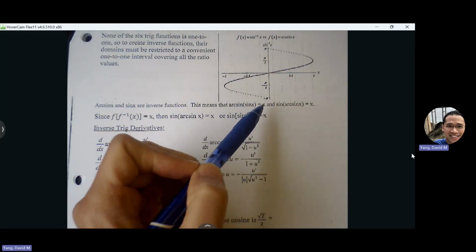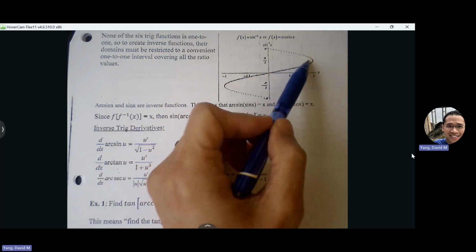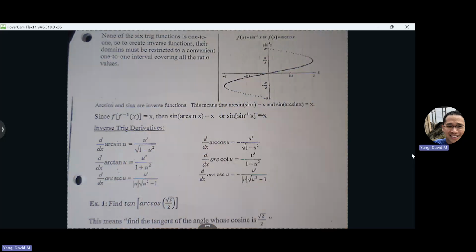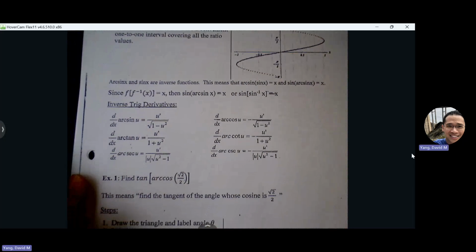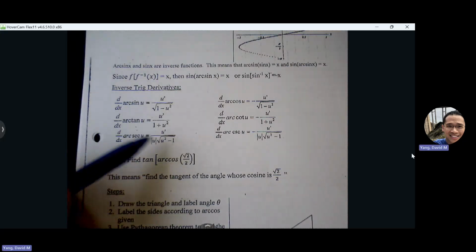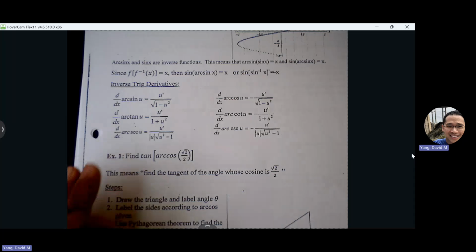Now, with these inverse trig functions, they also come with their own derivative rules. So with a graph like this, we can also create a slope formula that can tell us the steepness of any point on this curve. I know this feels intimidating, but we're going to practice later on looking for patterns and finding ways to memorize these rules.